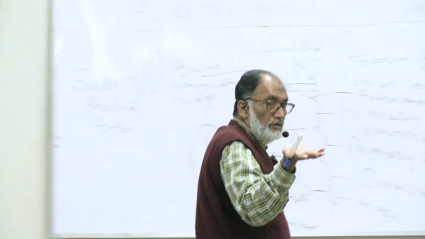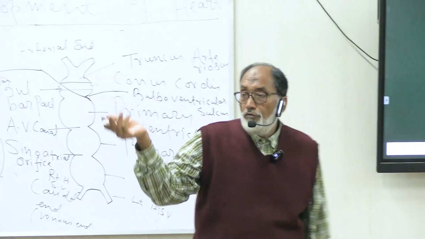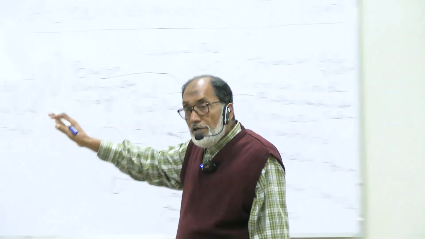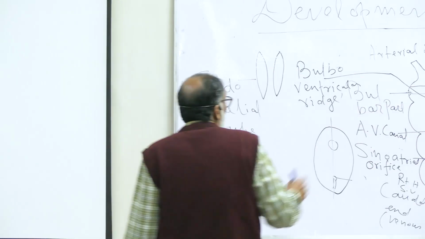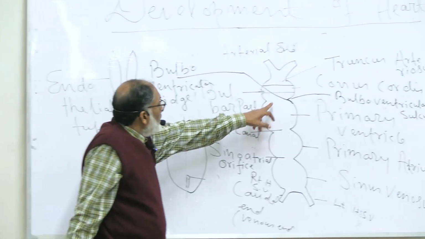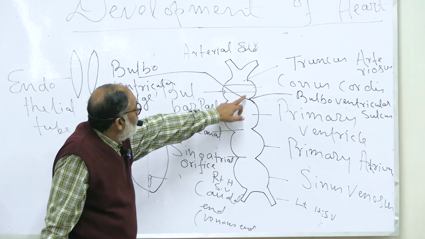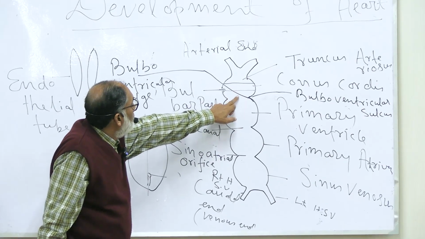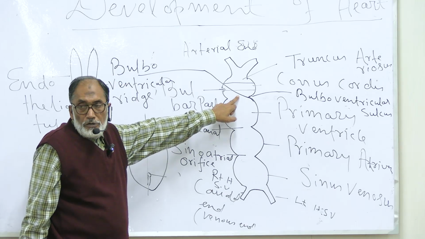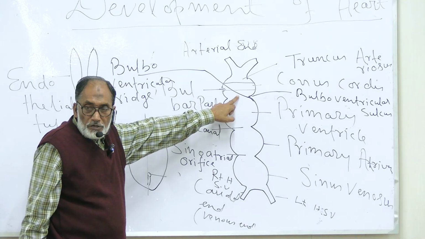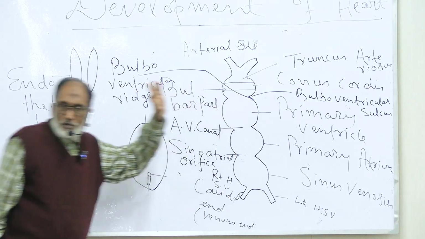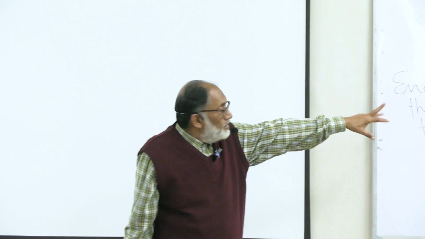Now, there is another ventricle, the right ventricle. The right ventricle will develop from where? From the bulbar part, the proximal third of the bulbar part.